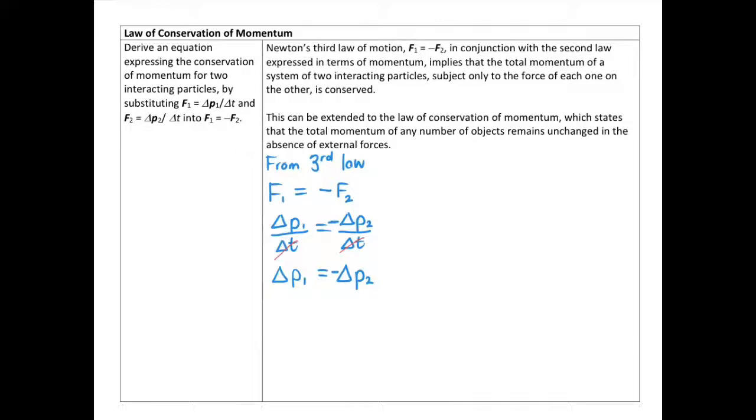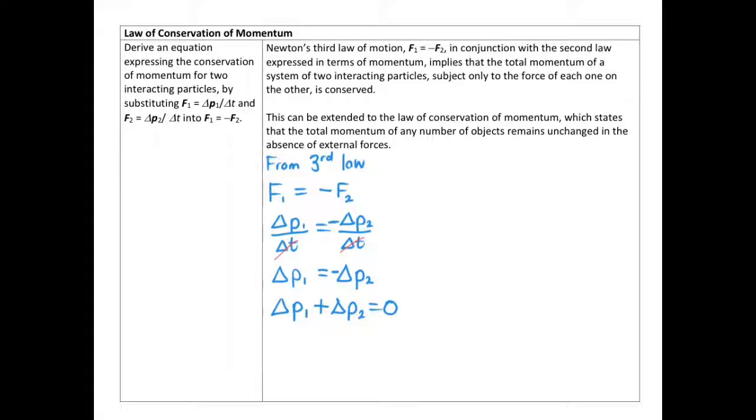Another way we can write that is, I'm going to bring this over to this side, so we're going to add delta P2 to get rid of the negative delta P2. So basically what this expression is saying is the total change in momentum of object 1 plus the total change in momentum of object 2 must be equal to 0.